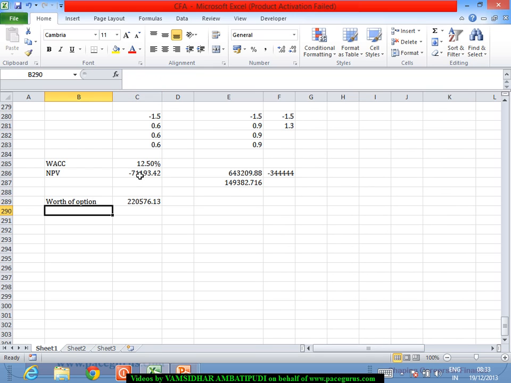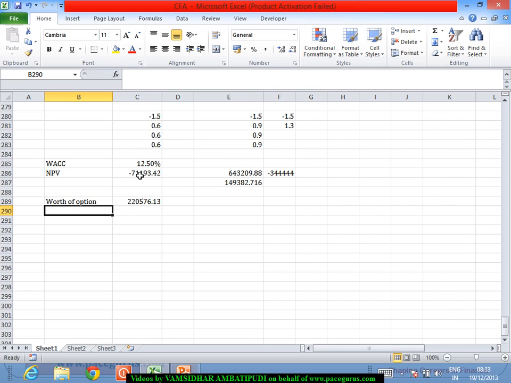So almost 220,000 is the worth of the abandonment option, which means if I pay anything less than 220,000 to a party to take the risk of abandonment option, then probably I can very well get benefited out of it, because the worth of this option is assumed to be somewhere around 220,000.